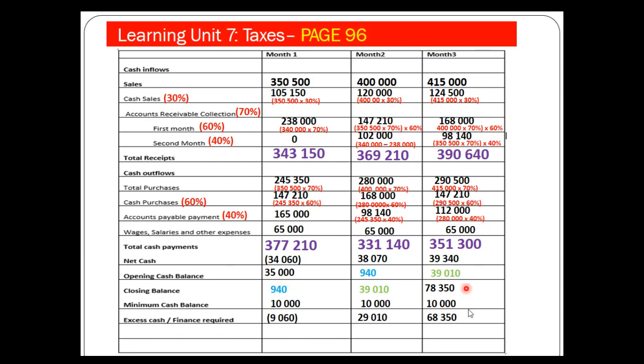For the three months here, they're all positive. Sorry, so here 39 and then 10,000, we get 29. Can you see? We had extra cash. We expected 10,000, but we made more than that. But here we expected 10,000, but we only made 940. That's how you must do that.